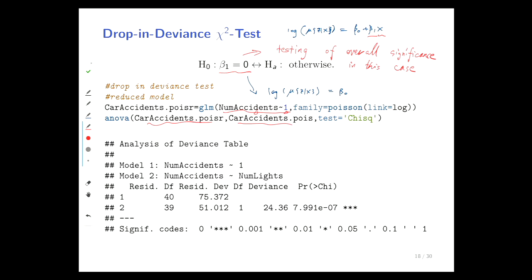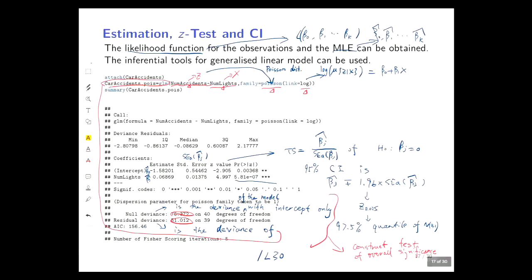Firstly, we have the deviance of the reduced model, which we get by regressing the number of car accidents on the intercept. And also we have the deviance of the full model, which is the model we fit here.